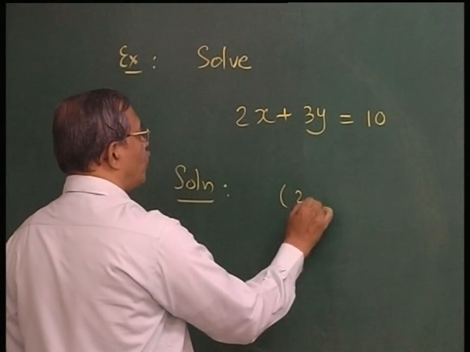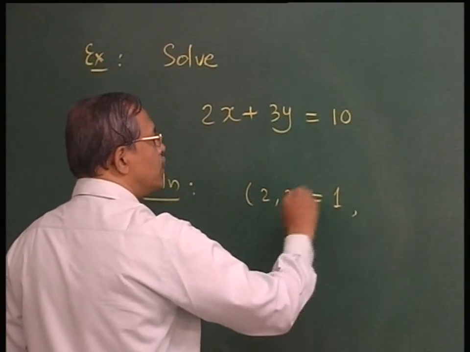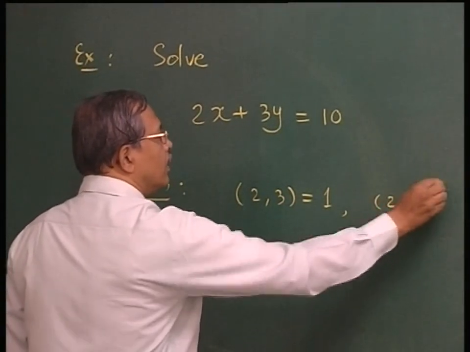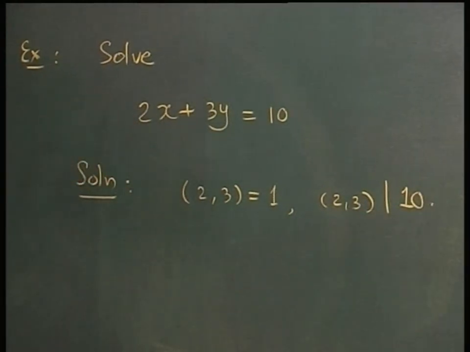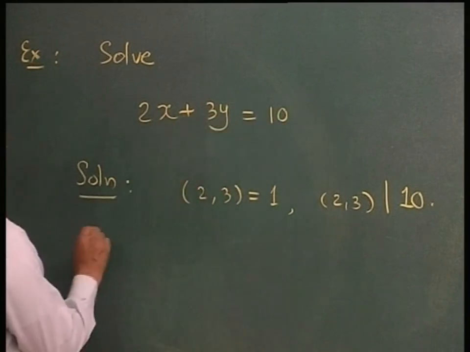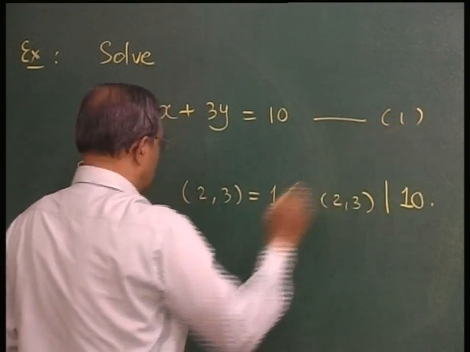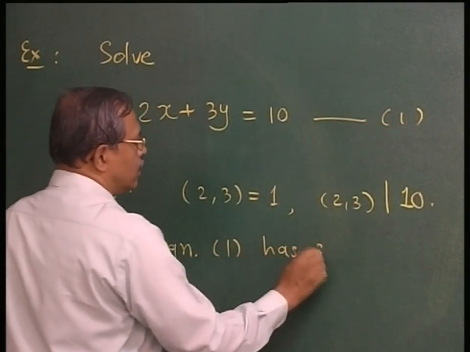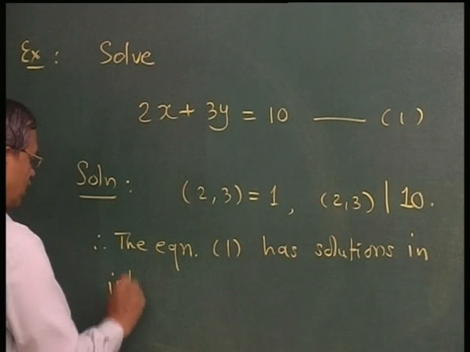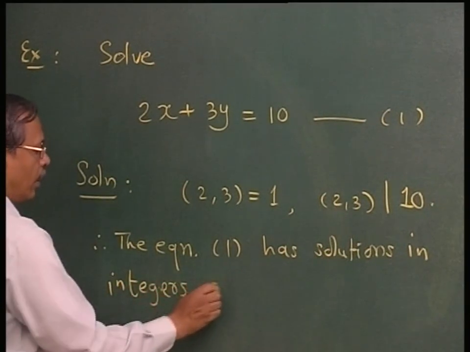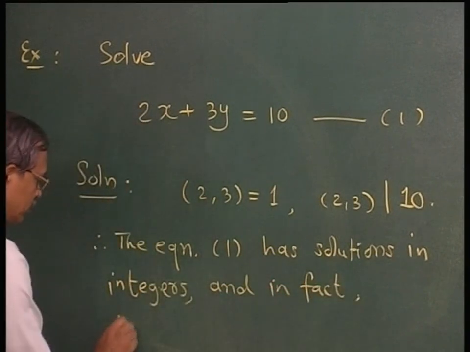The GCD of 2 and 3 is 1, and this divides the right hand side 10. Therefore, this equation, we can call it equation 1, has solutions in integers and in fact infinitely many solutions.